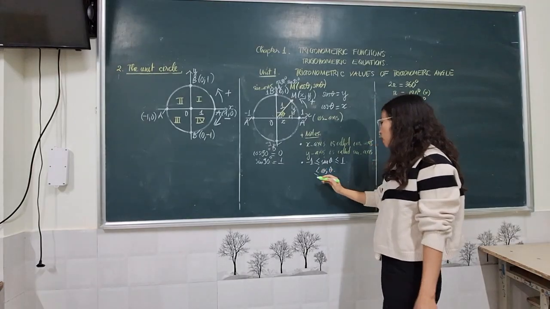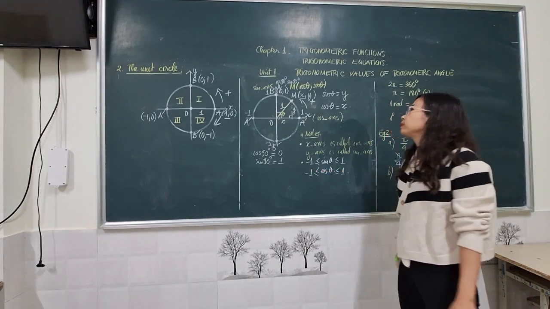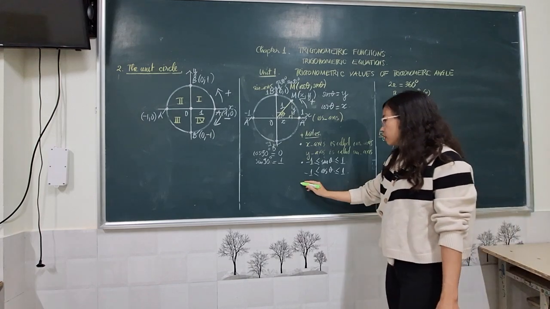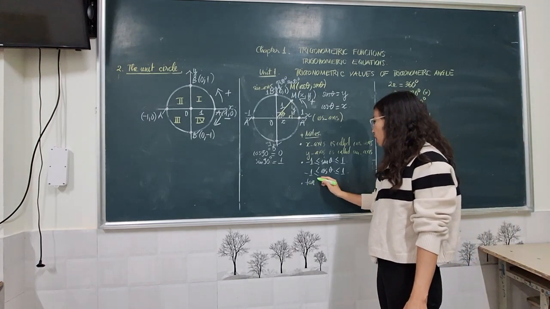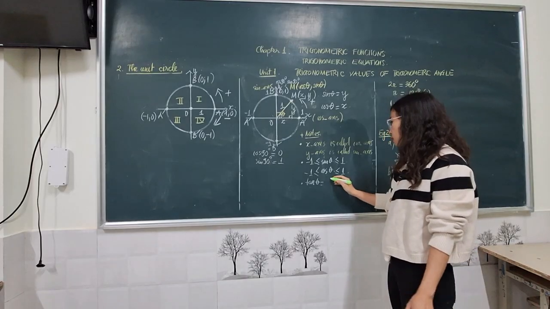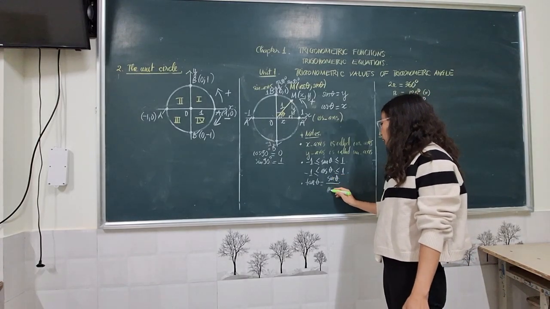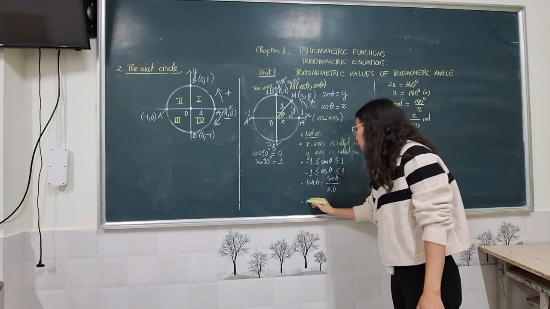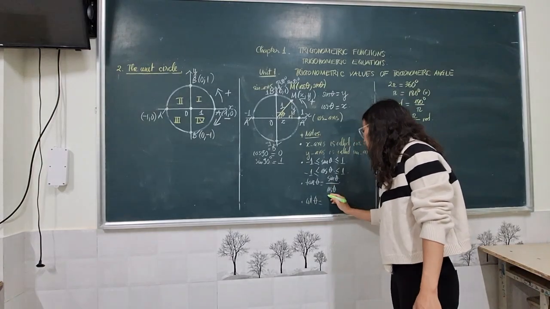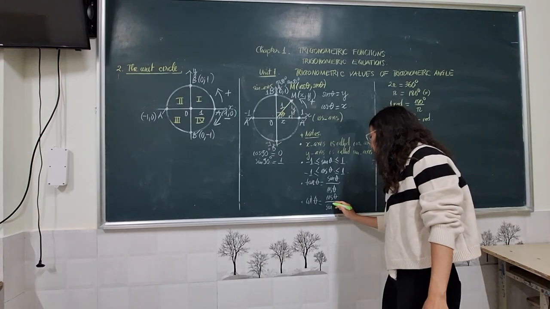That means the range of cosine is -1 to 1. And the tangent theta has the formula: sine theta over cosine theta. The cotangent theta equals cosine theta over sine theta.